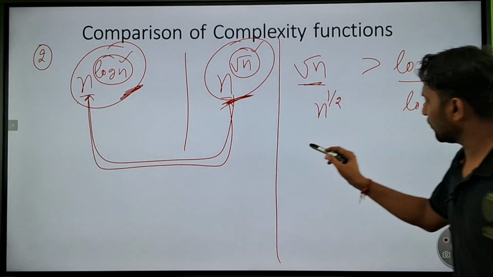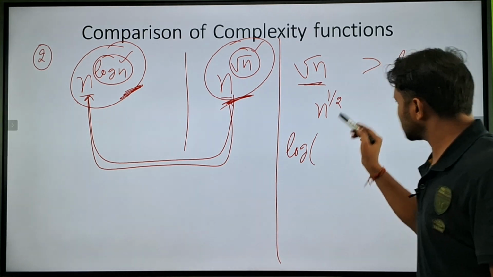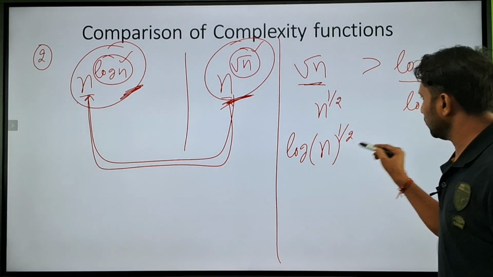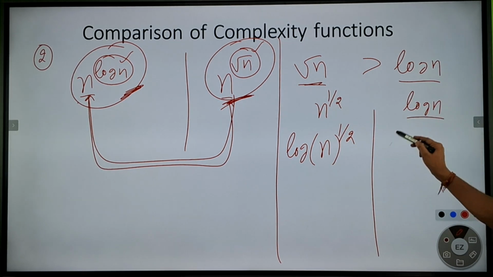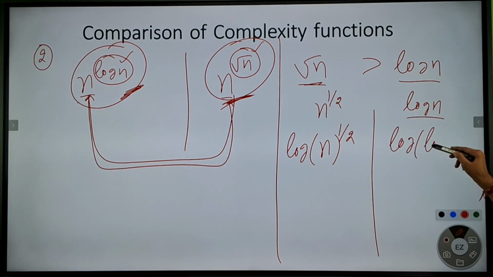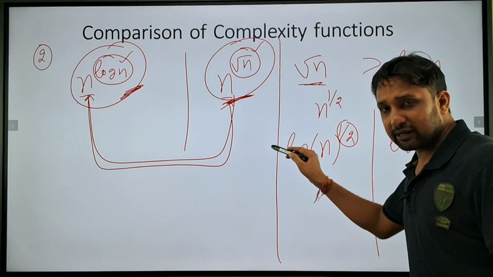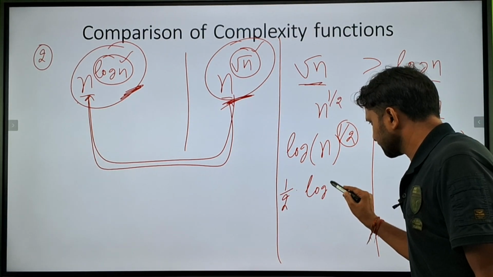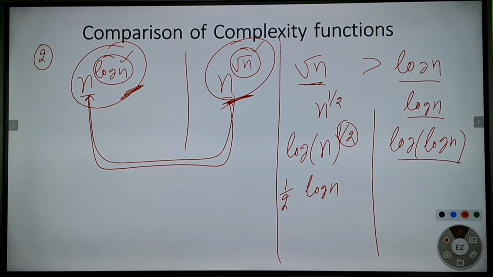So if I take log on both sides, second step, because the first step I cannot apply as there is nothing common on both sides, this is n power 1 by 2 and this I will take log of log n. Whatever is in the power will come in the front. So this will be 1 by 2 into log n. And here we have log of log n.